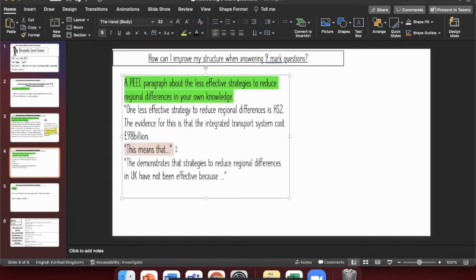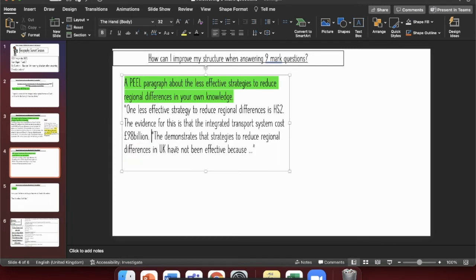I'm going to use a different word or phrase other than this means that. I'm going to use consequently.